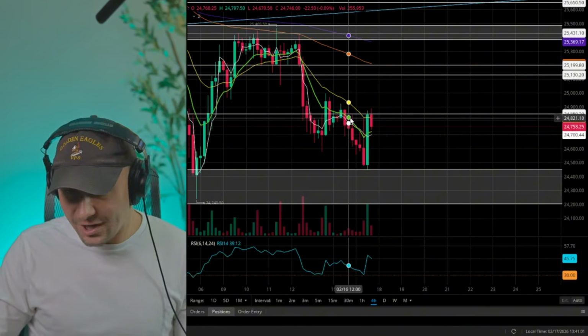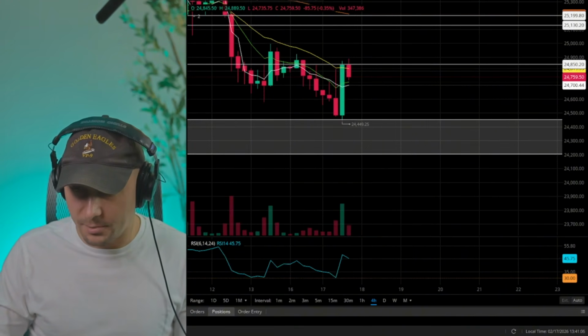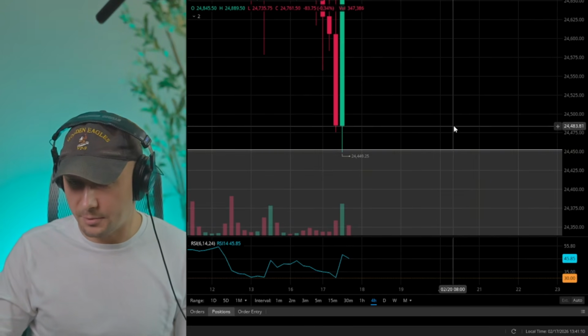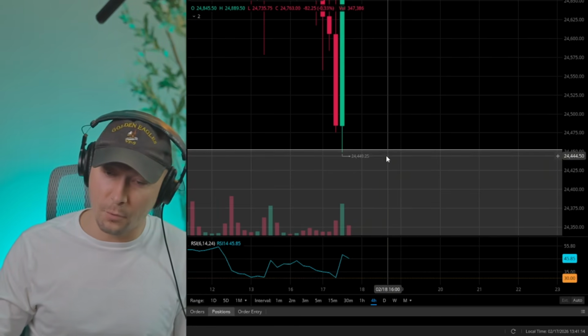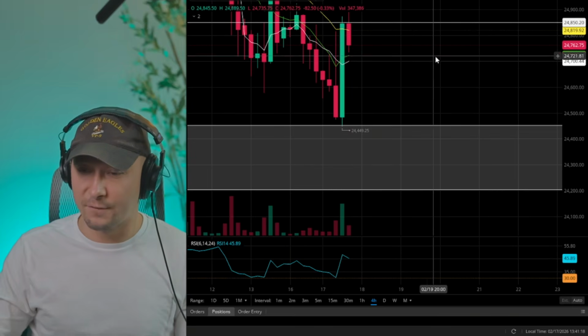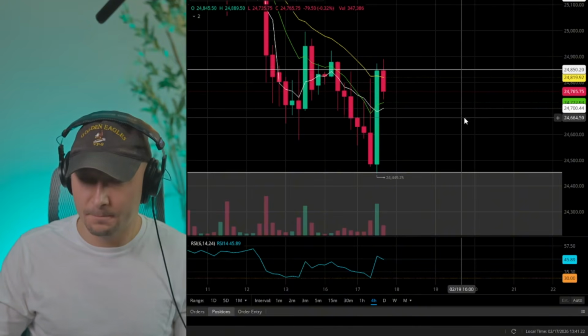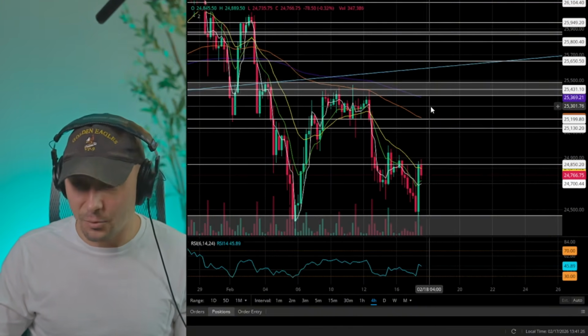And then we had rejection of that level into this box, bounce right off of the top of the box. Look at that. It went 3 ticks below the top of the box. So the top of the box, 24,450, it went to 449.25 and just full reversal for an entire 450 points. So, you kind of just got to go with the flow.